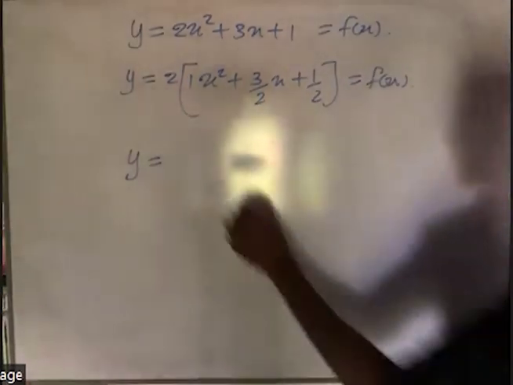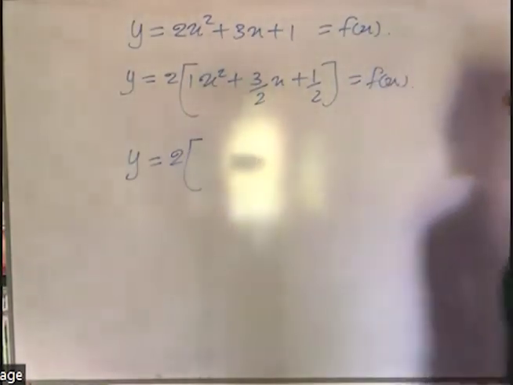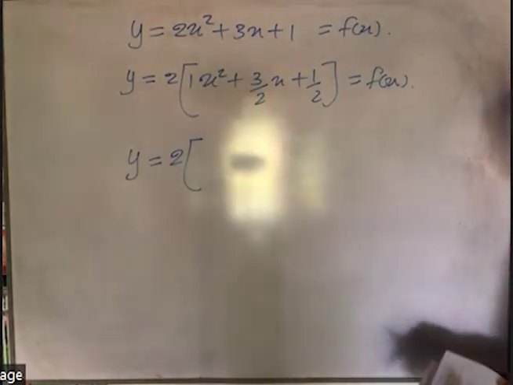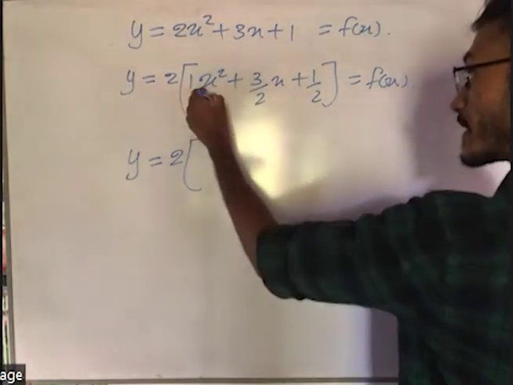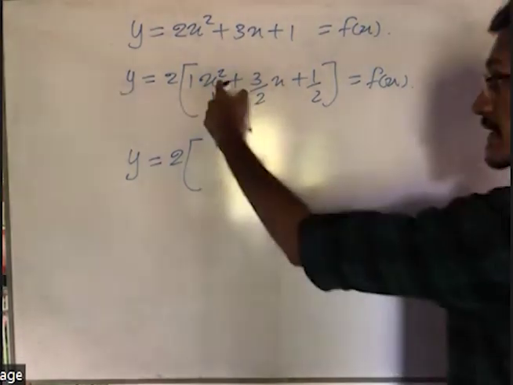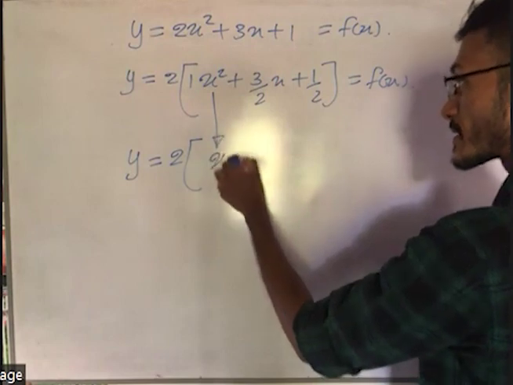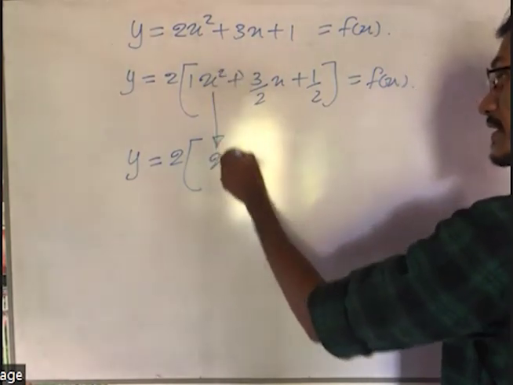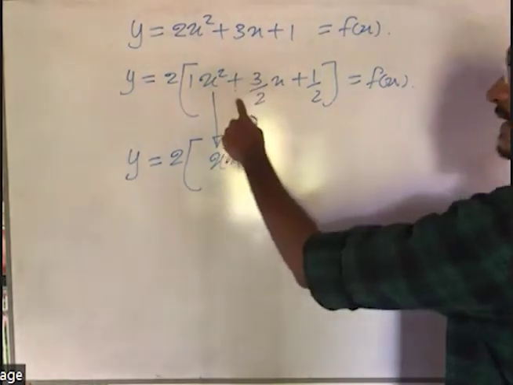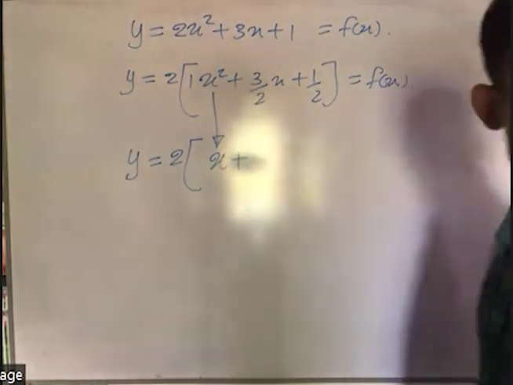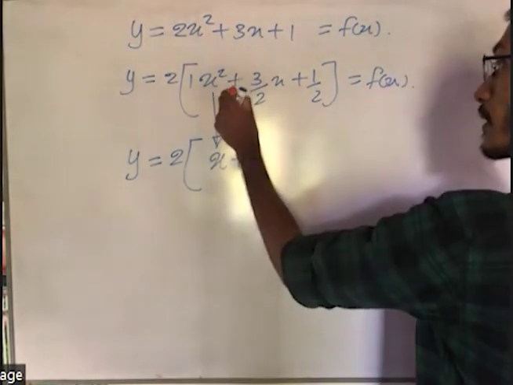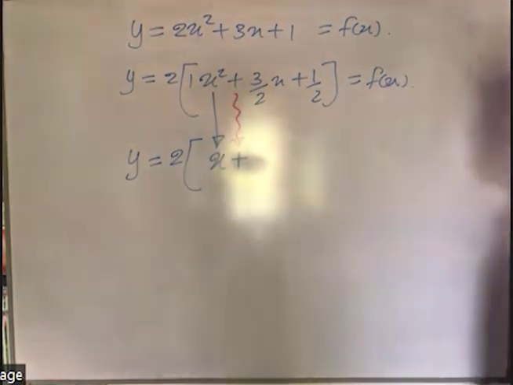So look at this. 2 into, we have x square term, x term, and the constant term. Then first we have to take the x square term without the square, then x. If there is a positive, take the plus sign here. If there is a negative sign, take the negative sign here, right?